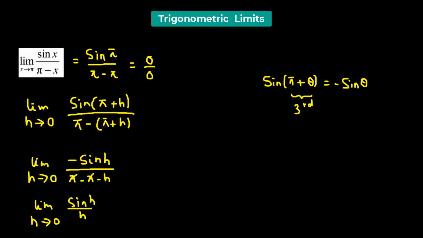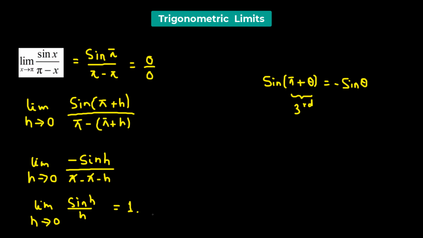Now this, as per our definition of limit, the limiting value of sine h over h when h approaches 0 is simply equal to 1. So that means our given limit when x approaches pi, sine x over pi minus x, the limiting value is going to be equal to 1.